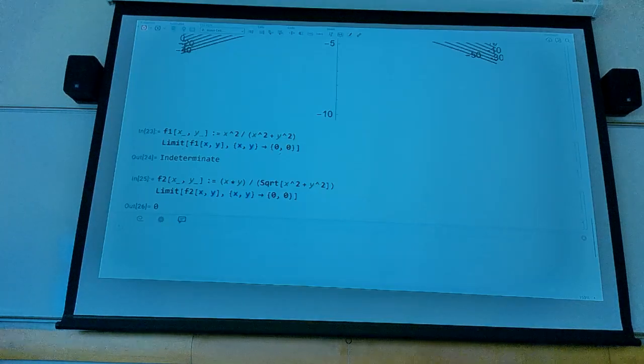That's actually a new feature. You used to have to do a nested limit. You have to do limit of, and then your function, what is your first variable doing, comma your second. I think it would have to be this.